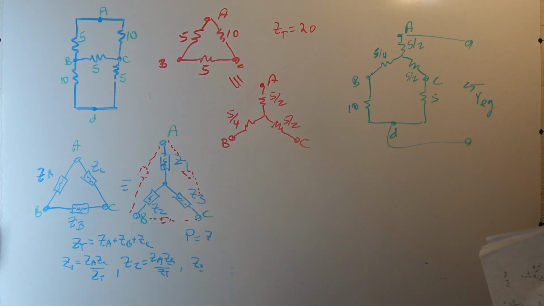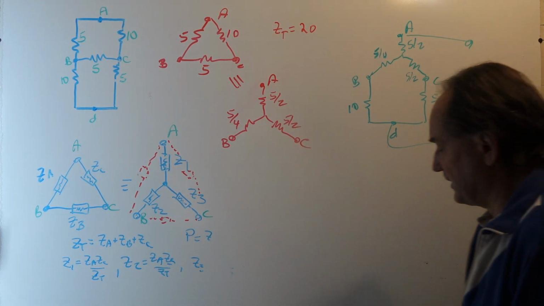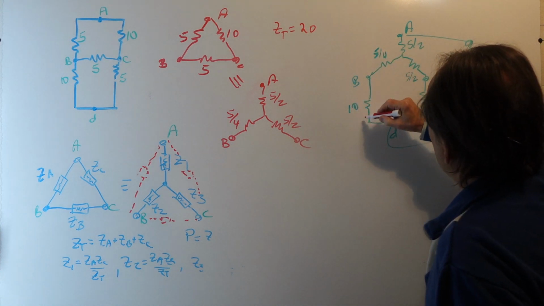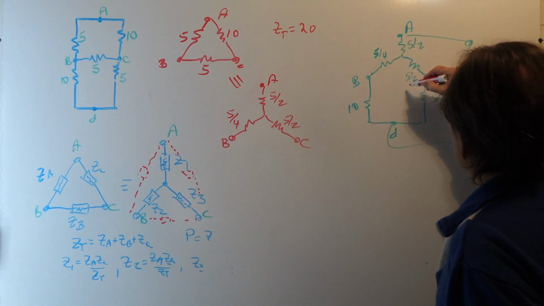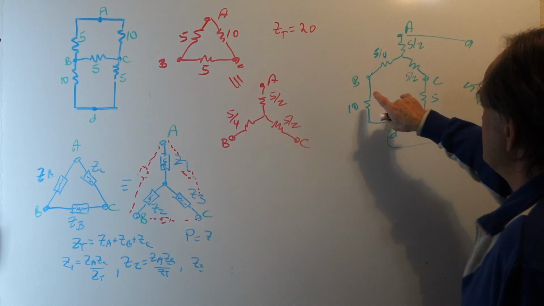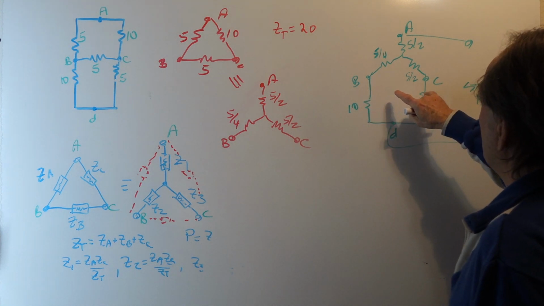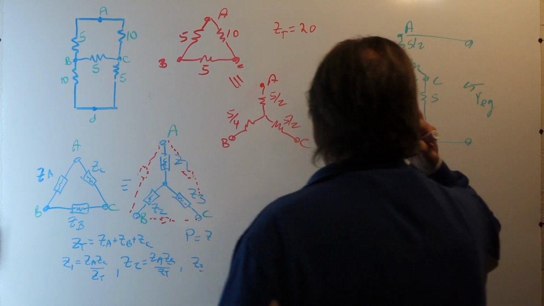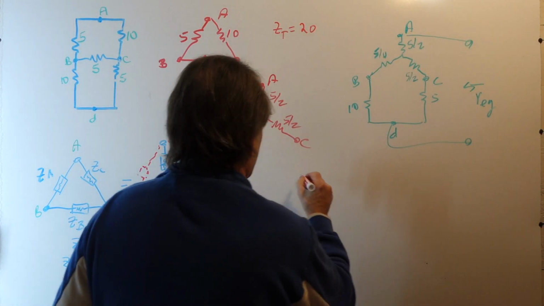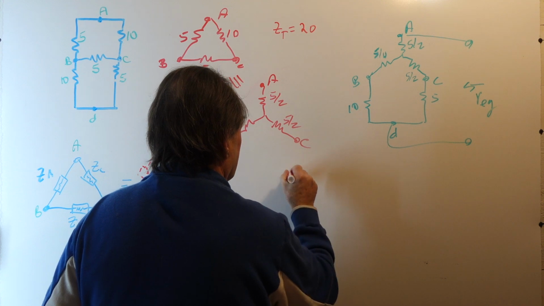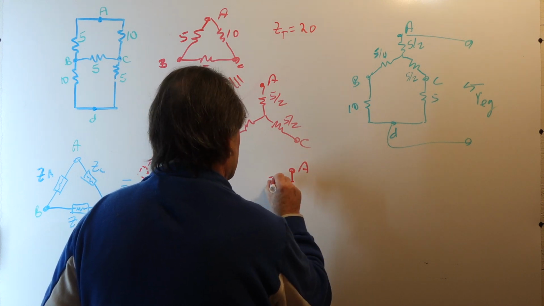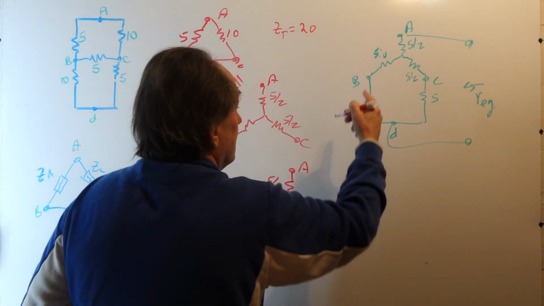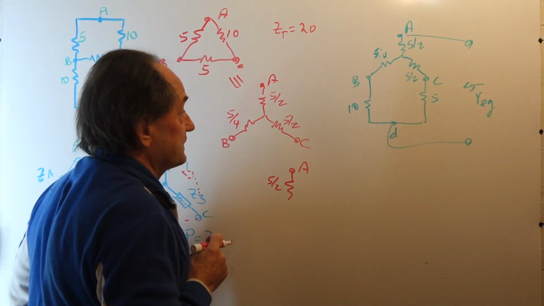Well, immediately we can see another reduction we can do in the network here. These two elements are in series. These two elements are in series. Then those are in parallel. We can combine the parallel and then add it to this, which is in series, which I will do now. So I'm going to redraw the network. Here's A. This is 5 halves. Now I'm going to combine these two elements. 5/4 plus 10.